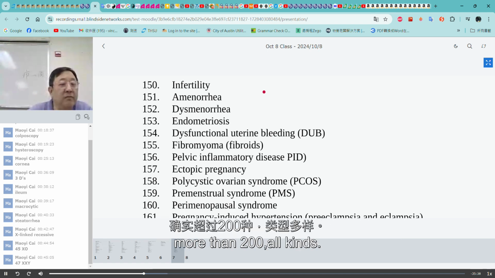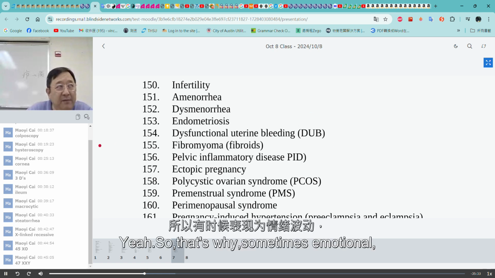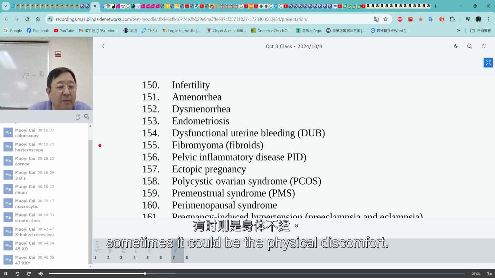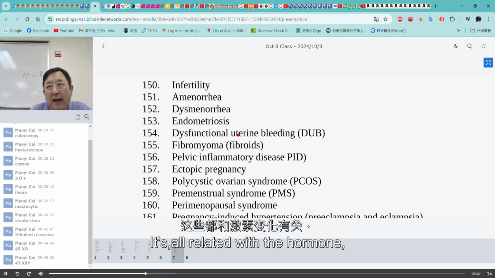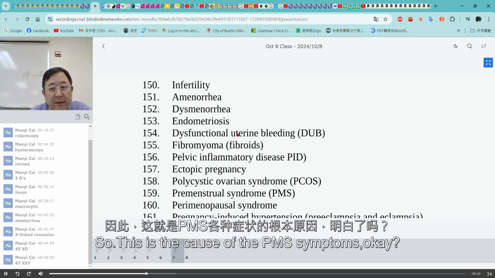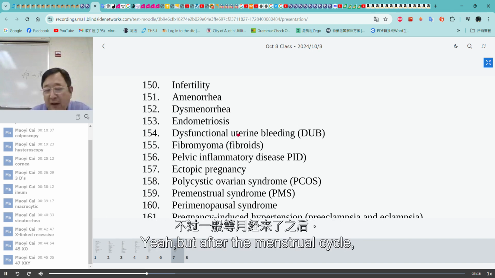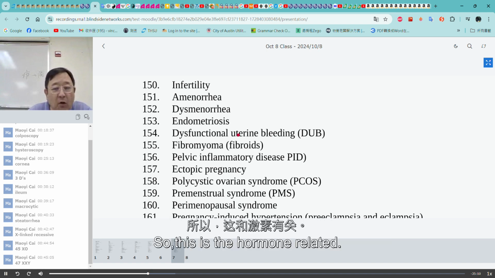That's why sometimes it's emotional, sometimes physical discomfort. It's all related to hormonal changes, and that is the cause of the PMS symptoms. After the menstrual cycle, symptoms usually resolve or improve, so this is hormone related.